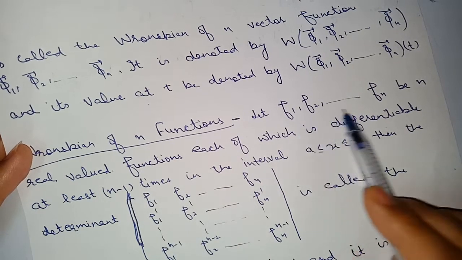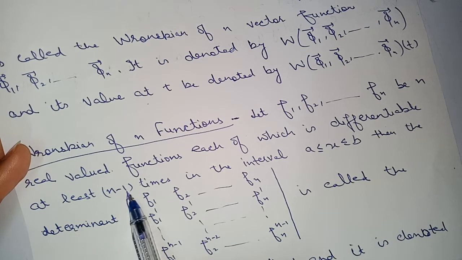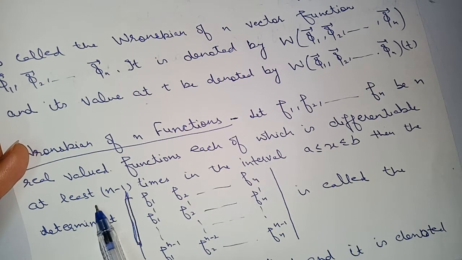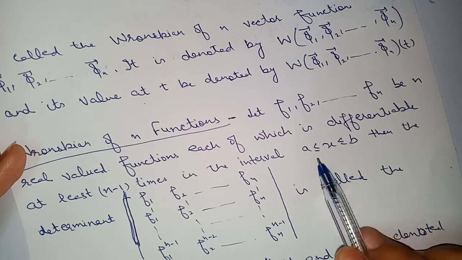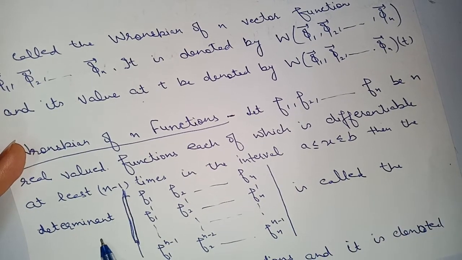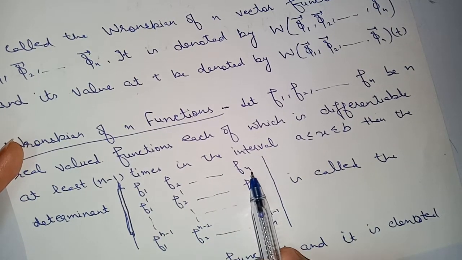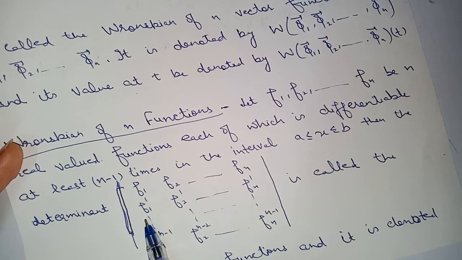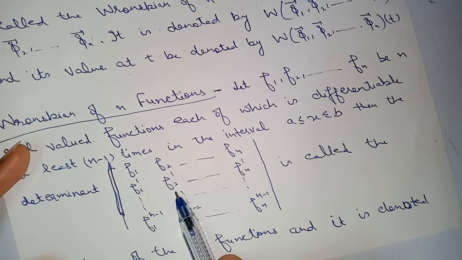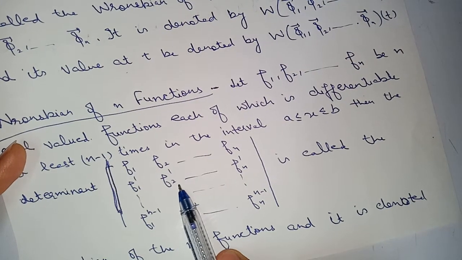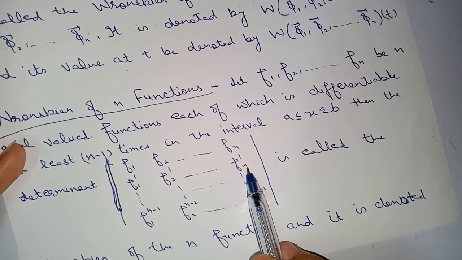That means if we have n functions, one less, that means n minus 1 times derivative exists in the interval where x lies between a and b, then the determinant: f1, f2 up to so on fn is our first row, and second row is derivative of f1, derivative of f2 up to so on derivative of nth function.